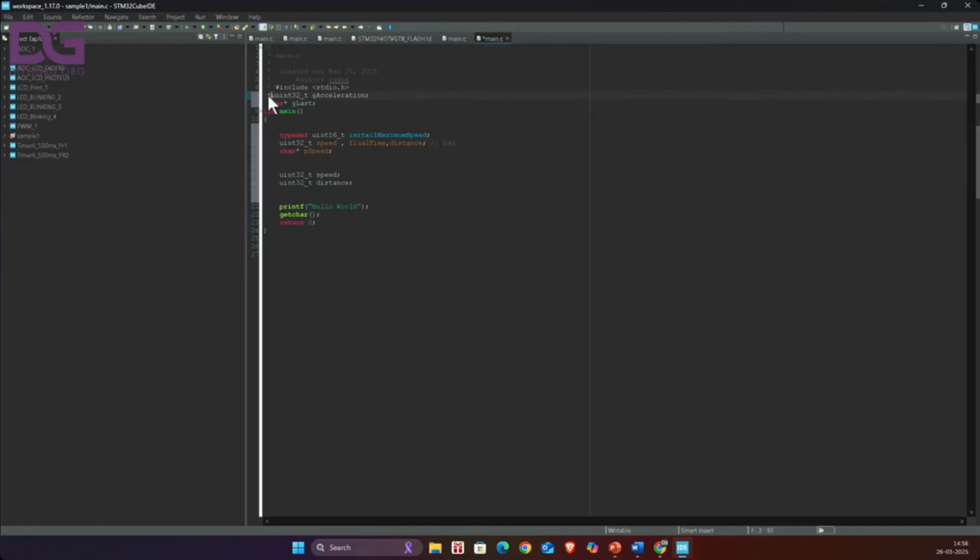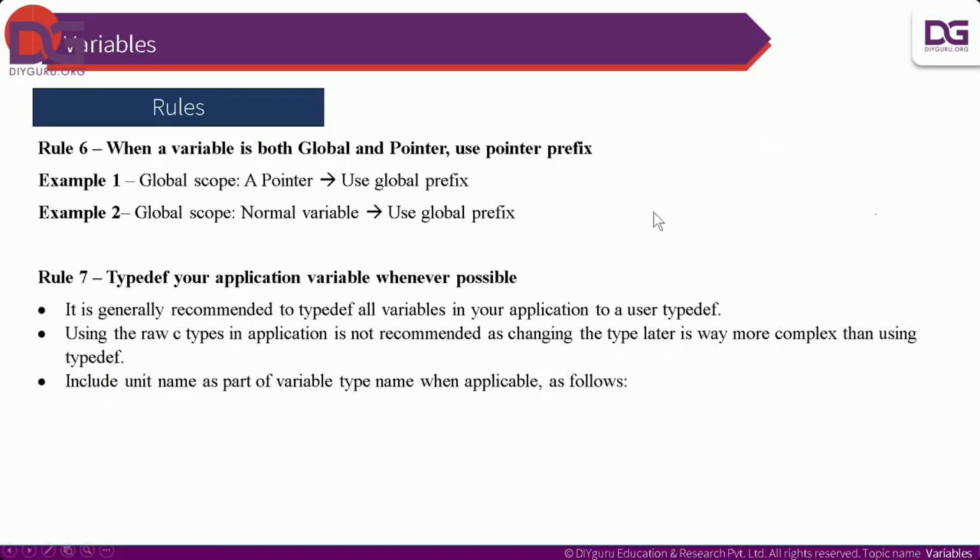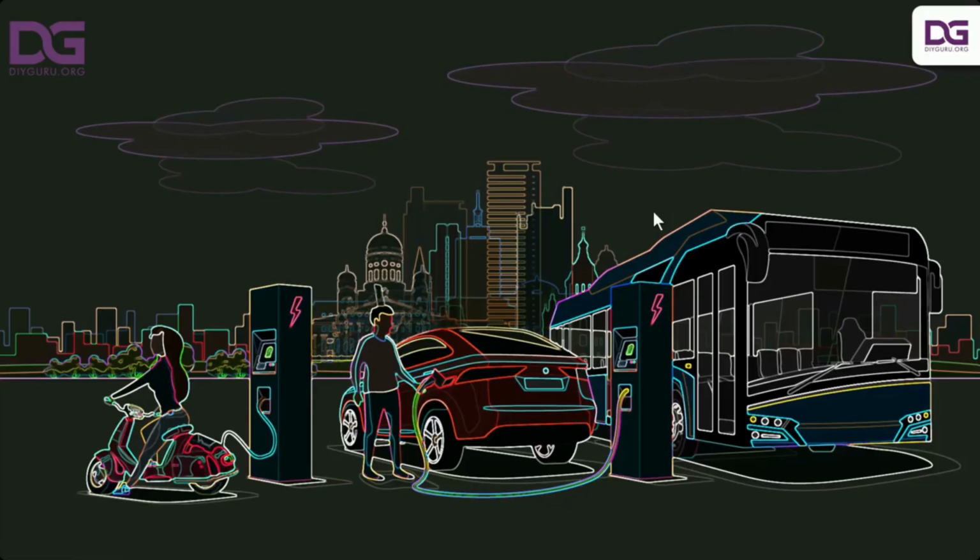Just put typedef, so that in the future this variable can change its type, whenever possible. Okay, so these are the rules that you need to follow when dealing with your variables.